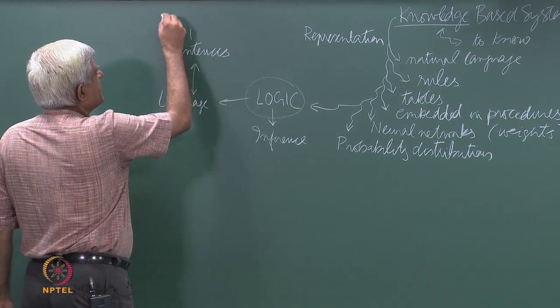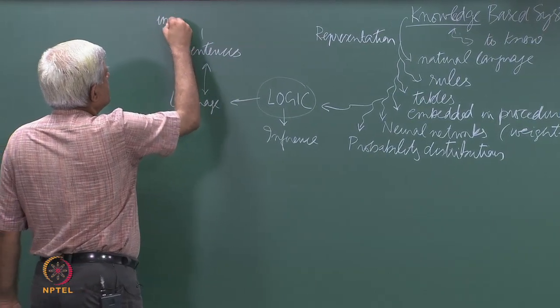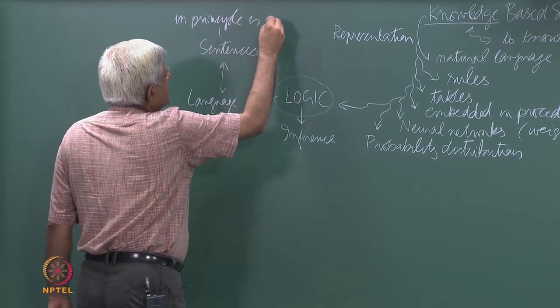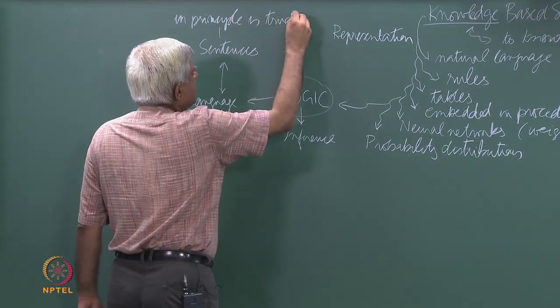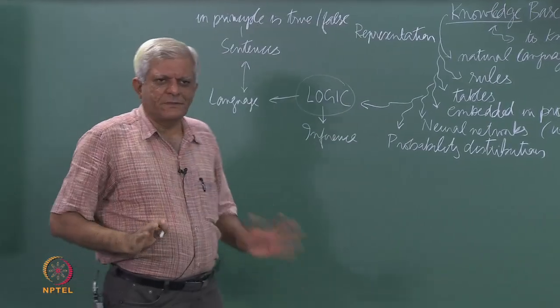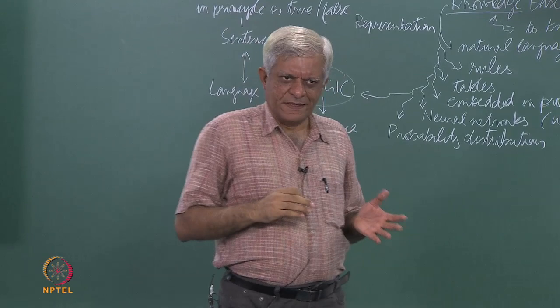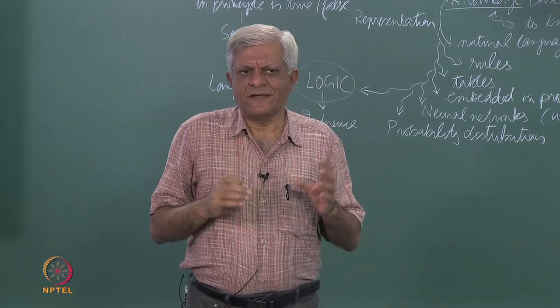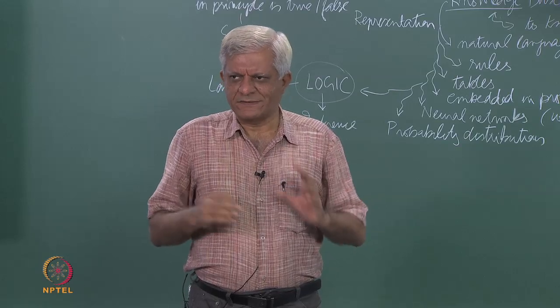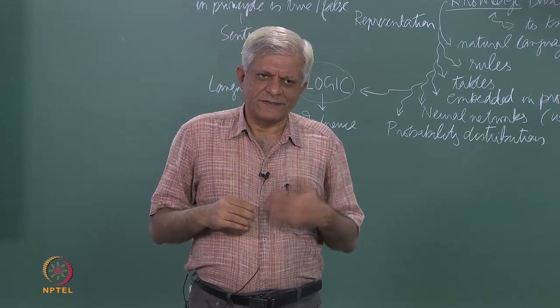A sentence is something which in principle is true or false, or can be true or false. Anything which in principle can be true or false is a sentence, and various logics are devised to represent various categories of sentences, and then of course reason with them essentially.